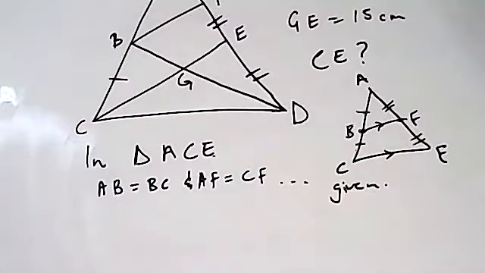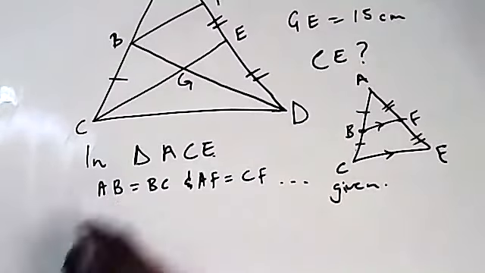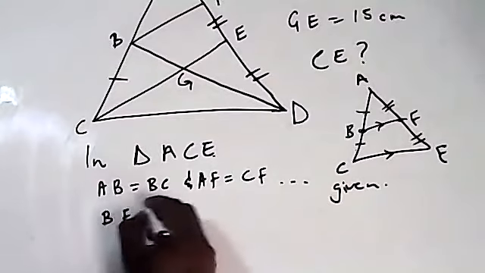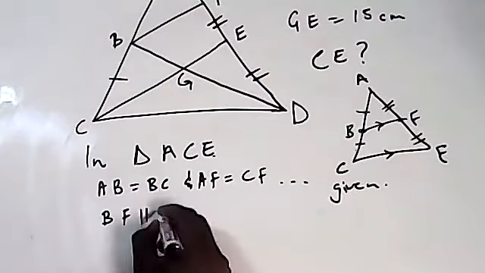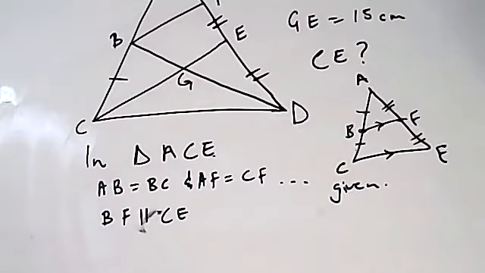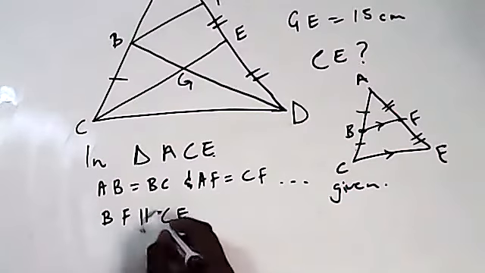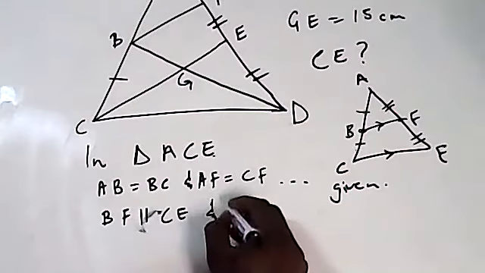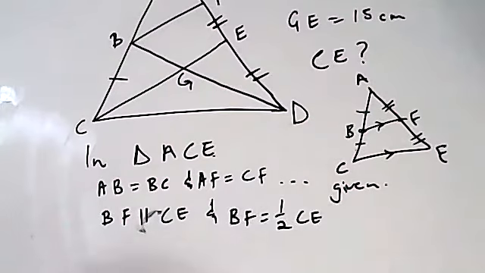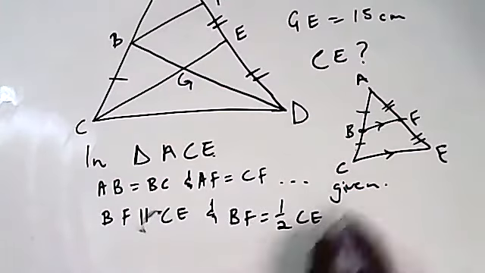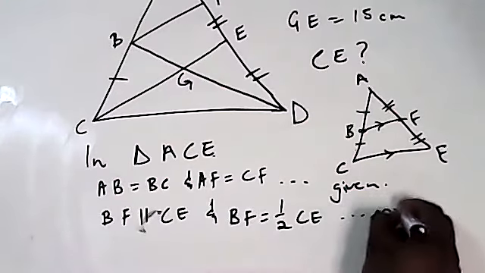They gave us that information. But from that information, we just concluded that BF, which is something they didn't give us, is going to be parallel to CE, and BF is going to be half of CE. And the reason for that is the midpoint theorem.